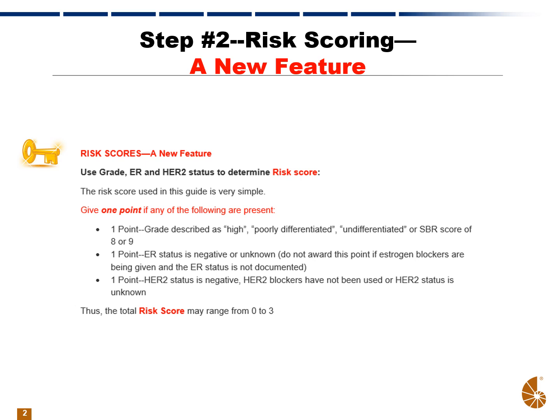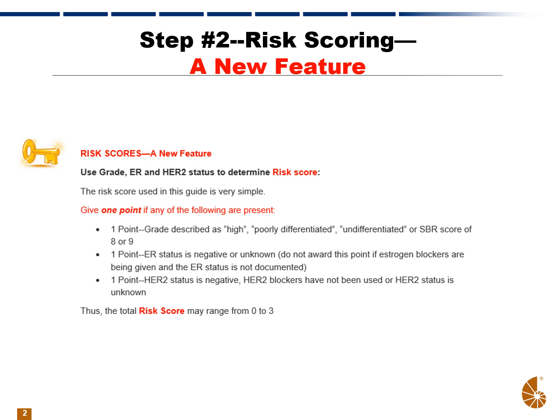Also, you can get a point if the HER2 status is negative. So if the HER2 status is negative, you also get a point. If HER2 blockers have not been used or the HER2 status is not known, that would also include giving a point for the HER2 status.